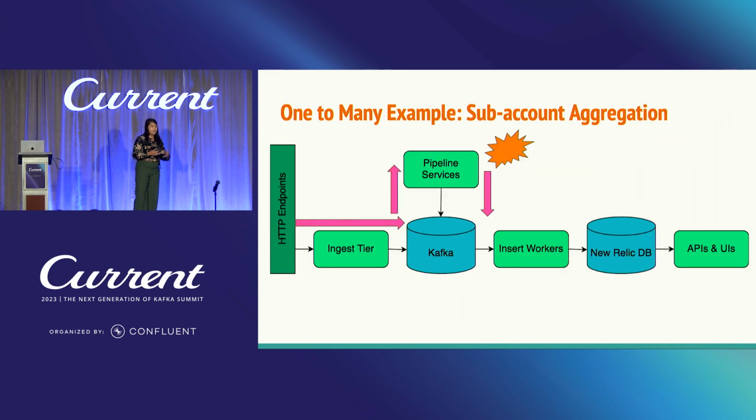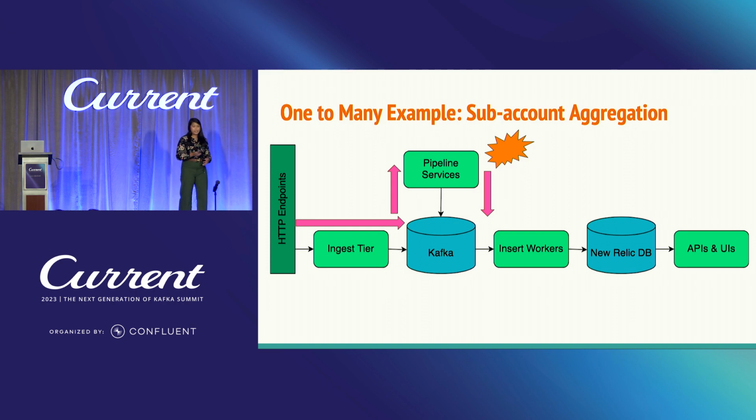As a one-to-many example, we have services that will collect data from sub-accounts, generate data based on that, and then publish it to the root account. So these services, again, because they started out in the data center, had that assumption that all of the accounts are in the same Kafka cluster.